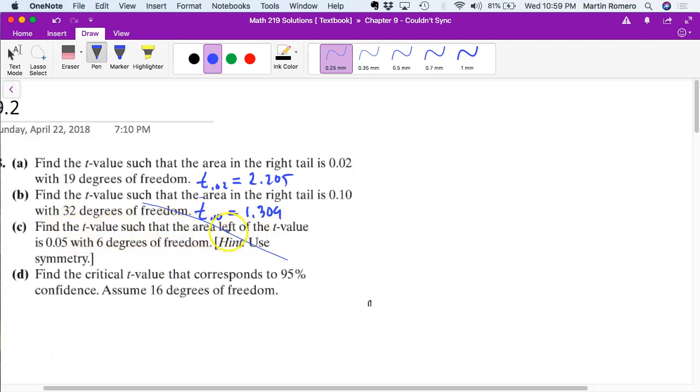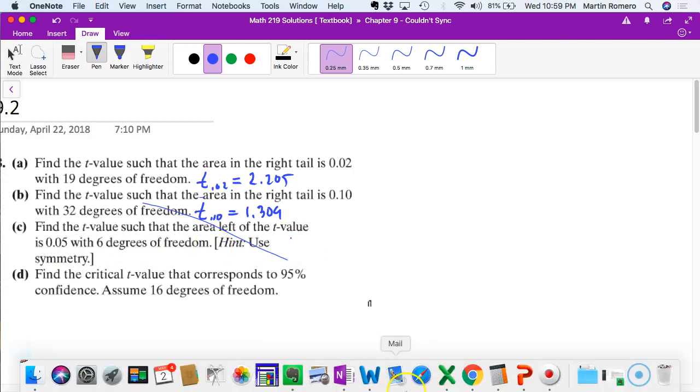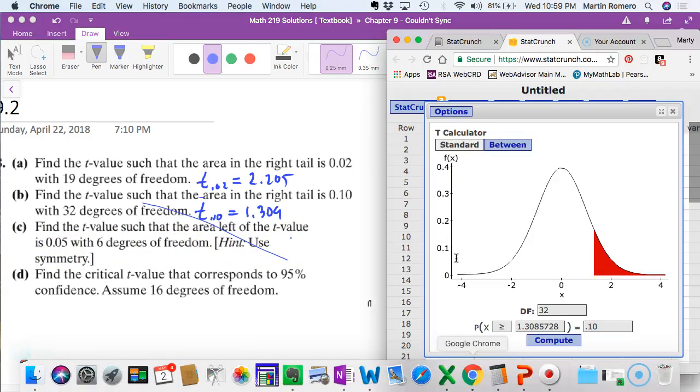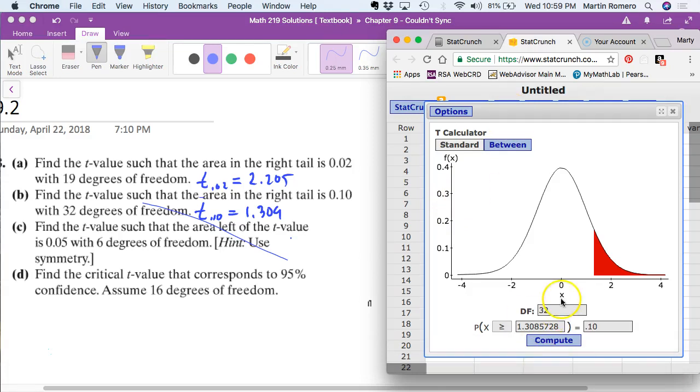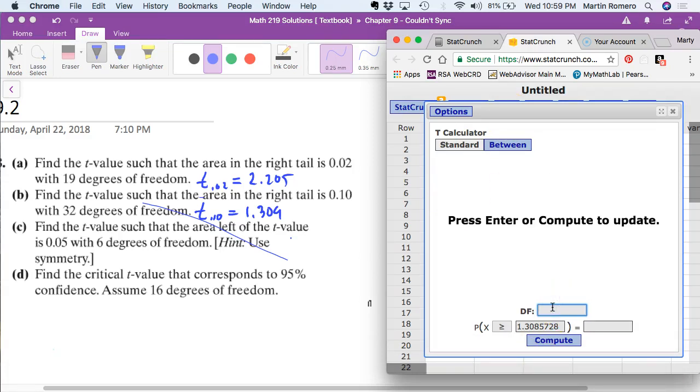You're going to do the same stuff. Find the t-value such that the area to the left of the t-value is 0.05 with 6 degrees of freedom. In this case, again, there's a table that you can use, but we're using technology. Degrees of freedom equals 6, 0.05.